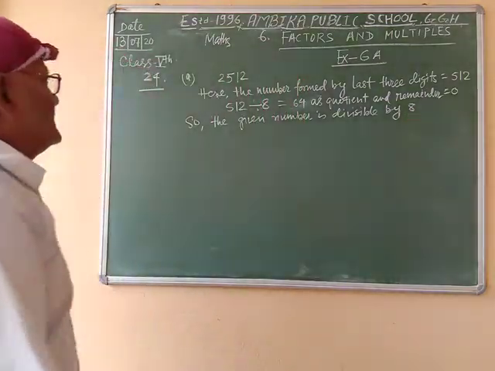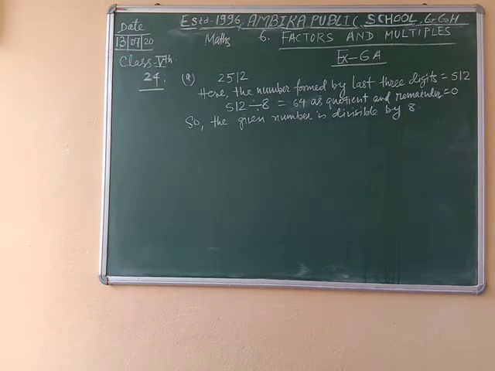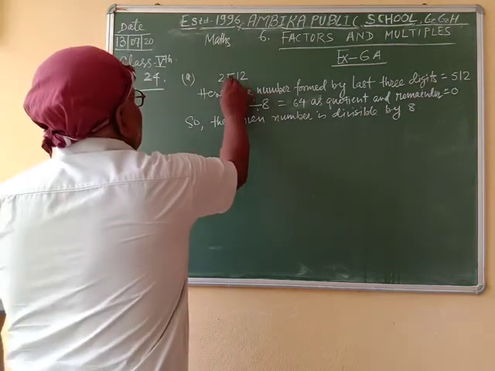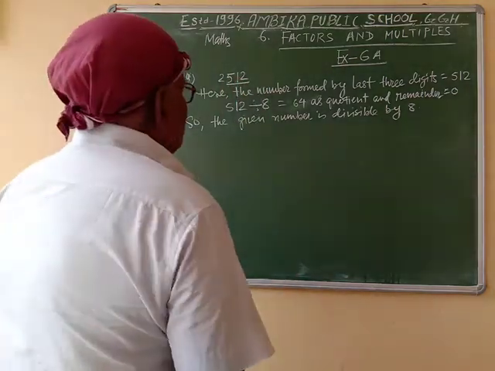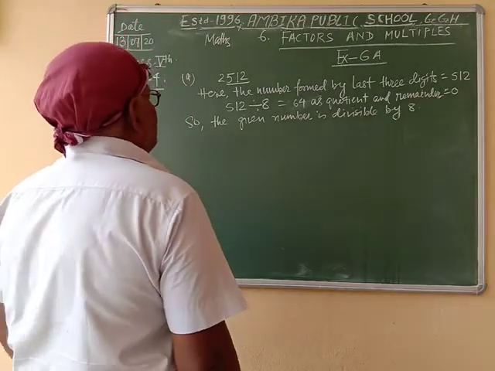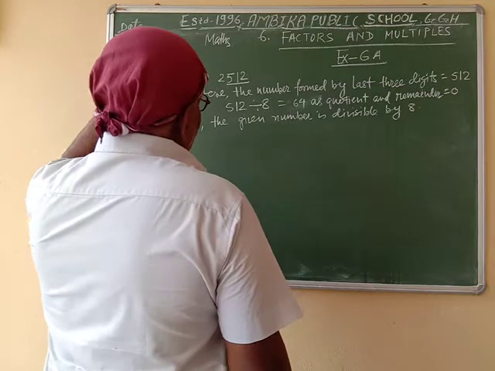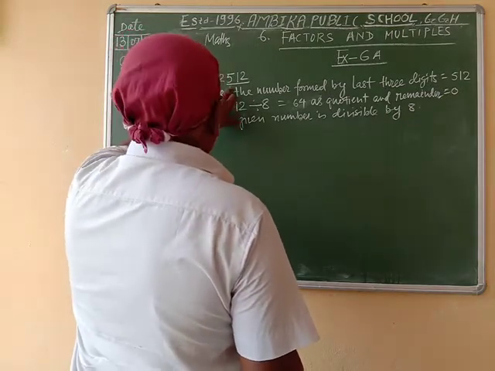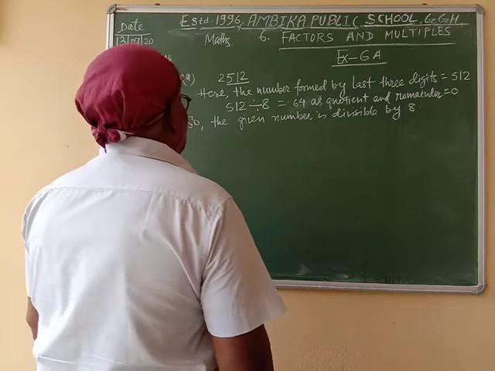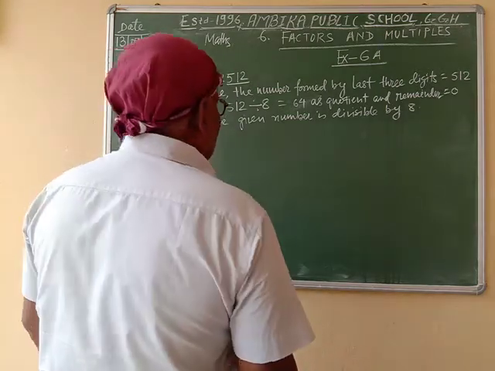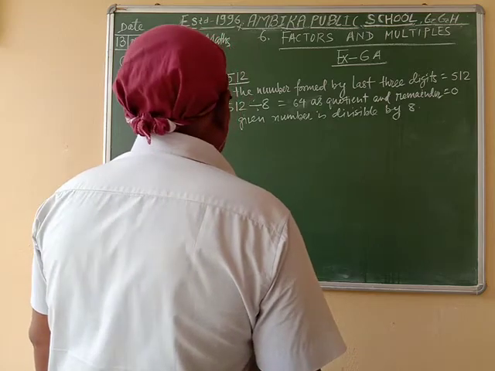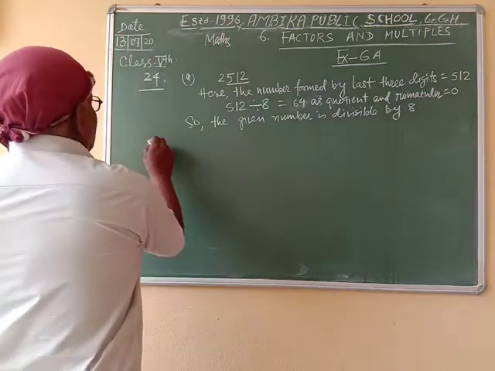We know that a number is divisible by 8 if the number formed by the last 3 digits is divisible by 8. Here the number formed by the last 3 digits is 512. If we divide 512 by 8, the quotient is 64 and the remainder is equal to 0. So the given number is divisible by 8.